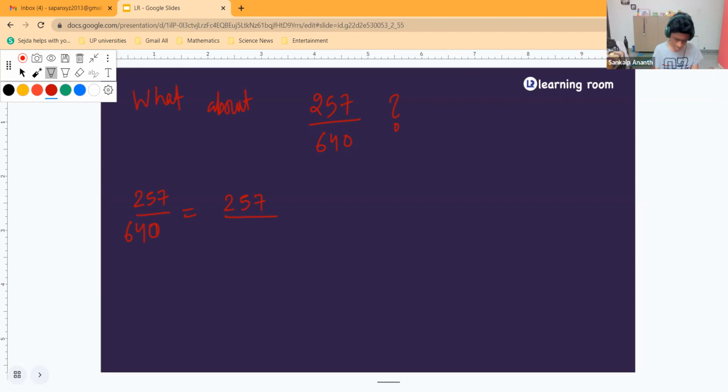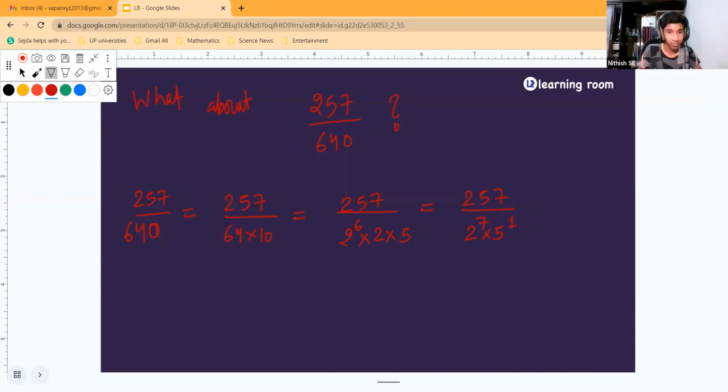Yes, it can be written as 64 into 10. 8 8s are 64. We can also do it like 2 to the power of 3, which is 8, into 5 to the power of... 8 tens are 80, it won't work. 128 into 5. Okay, yeah. Is it fine?